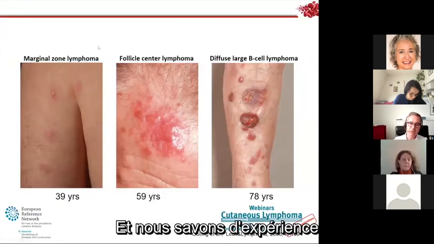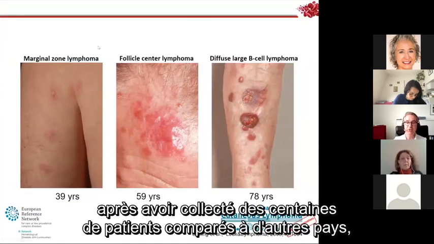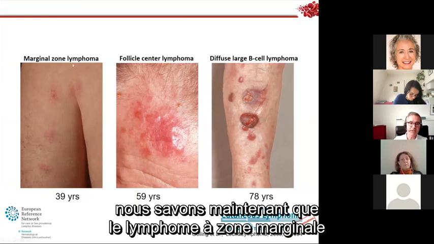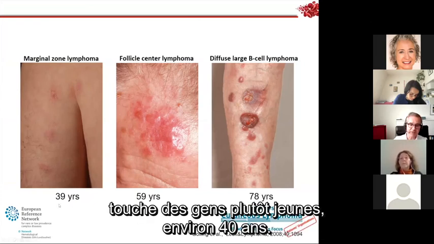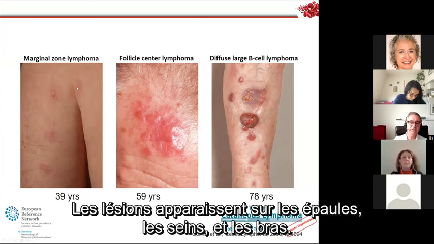And we know from experience, from collecting hundreds of patients and comparing them among nations, that marginal zone lymphoma is a disease of rather young people, on average roughly 40 years old. The lesions occur on the shoulders, breast area, and the upper arm.